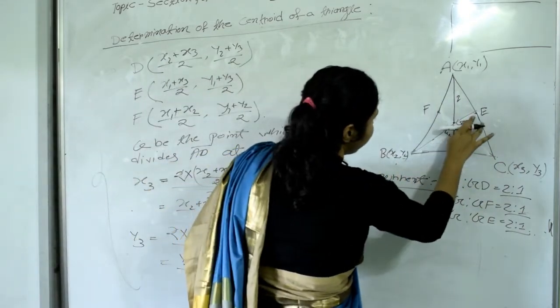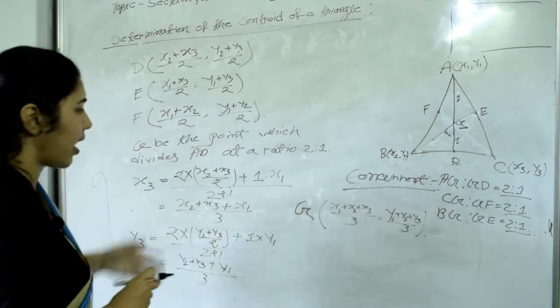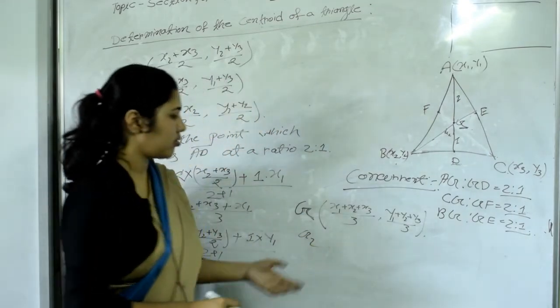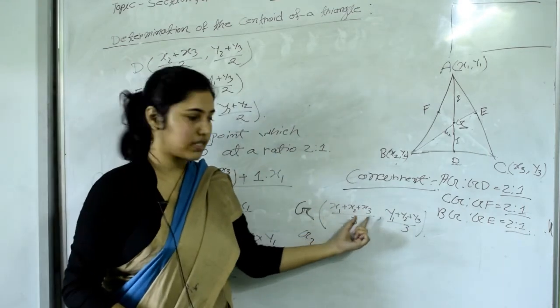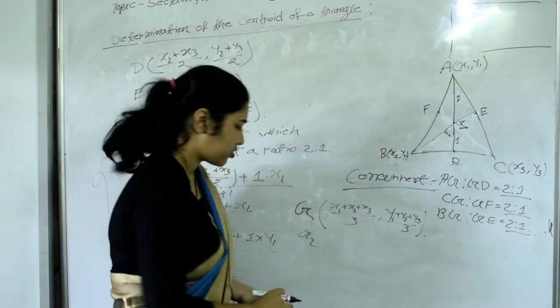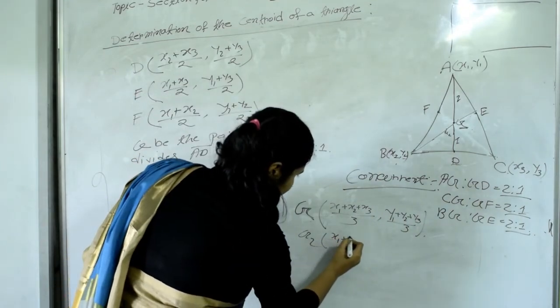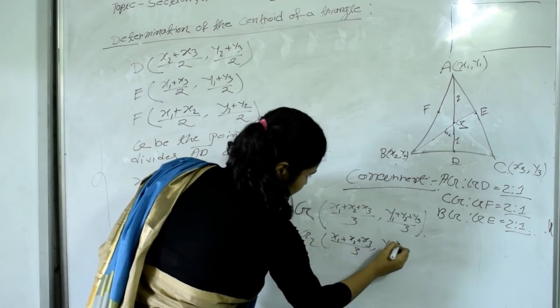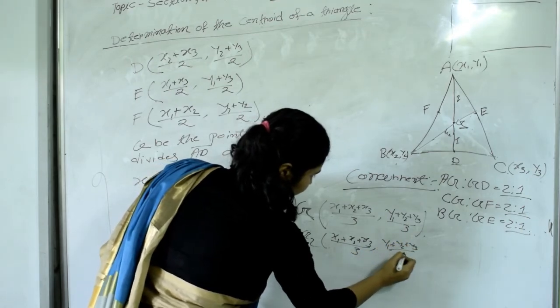So by the similar way we can prove that the coordinate of the point G2 is also x1 plus x2 plus x3 by 3 and y1 plus y2 plus y3 by 3.